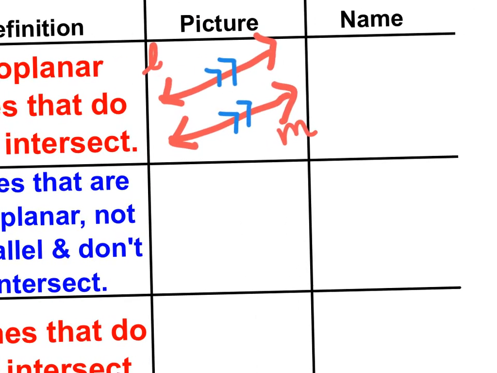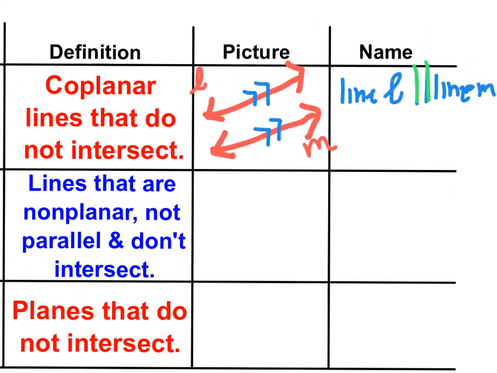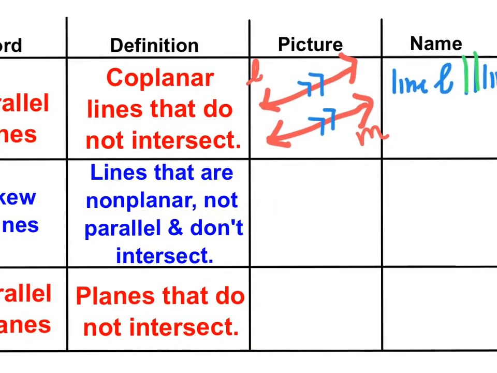If I want to name them, we use the symbol for parallel that's like two L's. So I would say line L is parallel to line M. Sorry, my M is weird, but this sign here, my two capital L's almost, means parallel. I always remember that it's those two lines because they're in the word parallel. They're the L's in the middle.